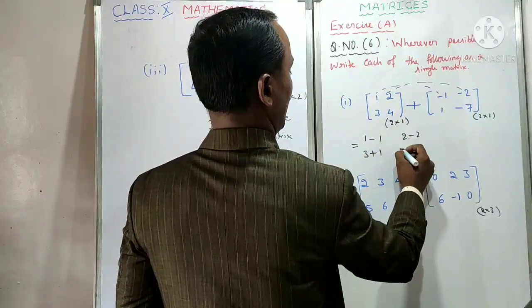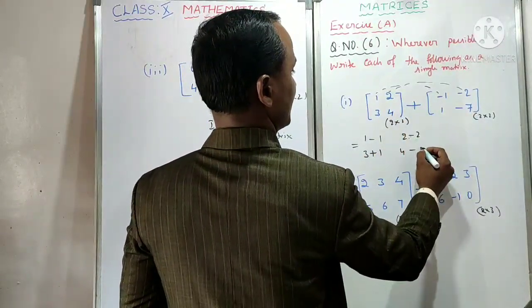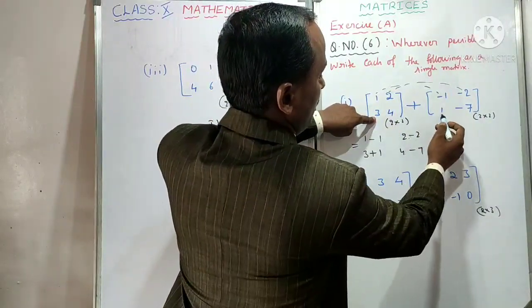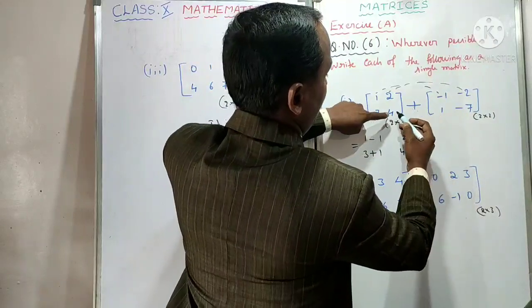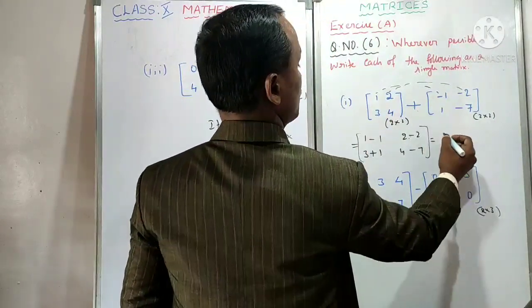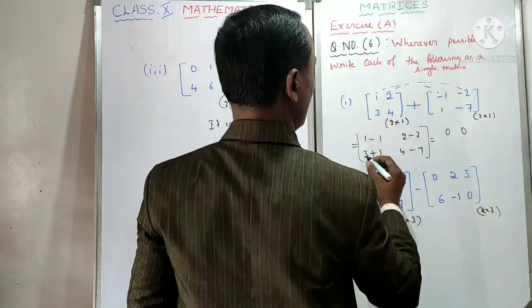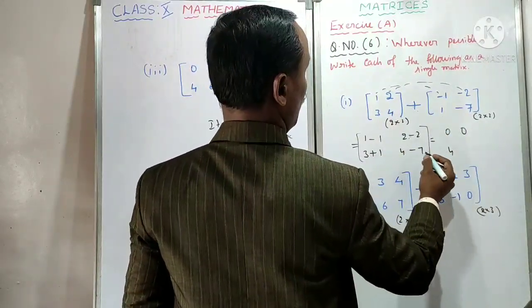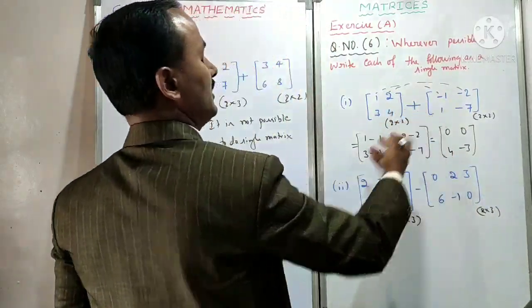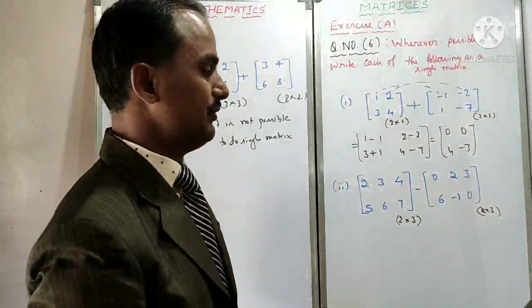Next 4, I will write plus into minus minus 7. Look here. See, corner to corner equating, I mean, addition to it. See, respective. Now, like this. Is equal to 1 minus 1 became 0. 2 minus 2 became 0. 3 plus 1 became 4. 4 minus 7 became minus 3. This is over. See, we got, by adding these 2 matrices, a single matrix.